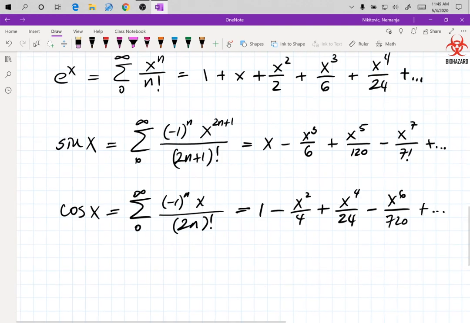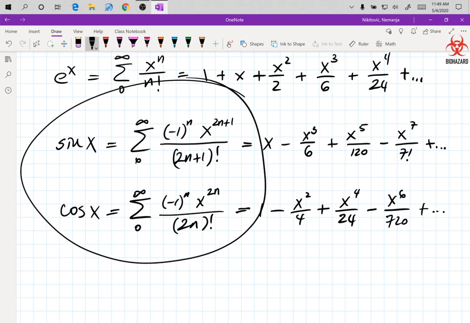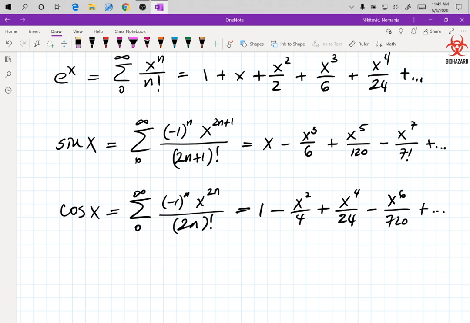Now, a lot of your functions will end up being hyperbolic answers. And hyperbolic functions are so easy to memorize because if you know these, then all you need to do is remove these alternating terms and you will get your hyperbolics.